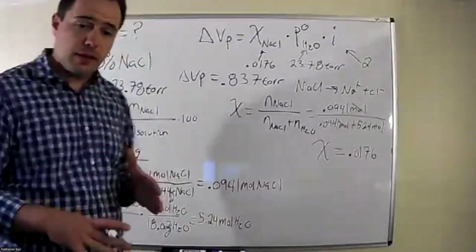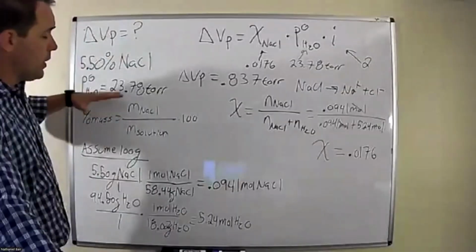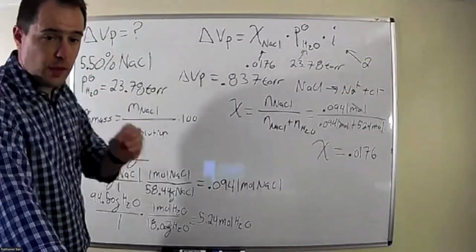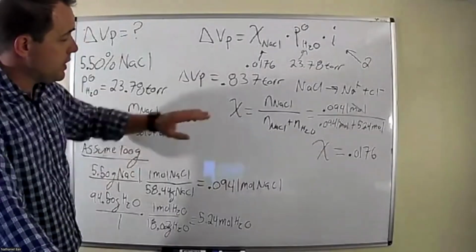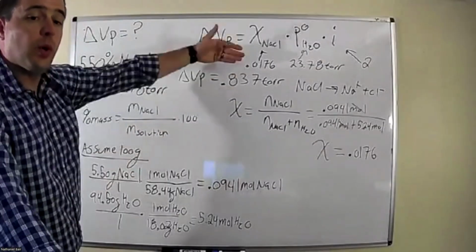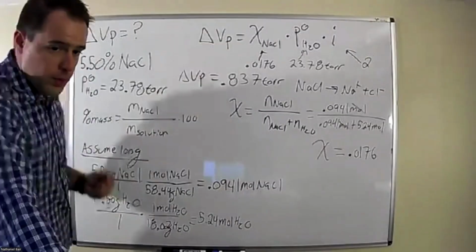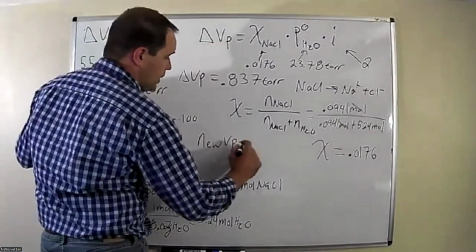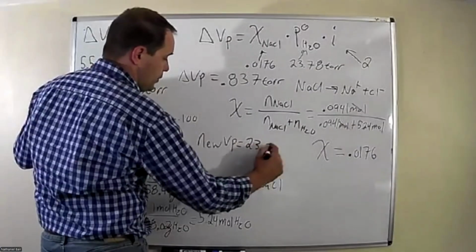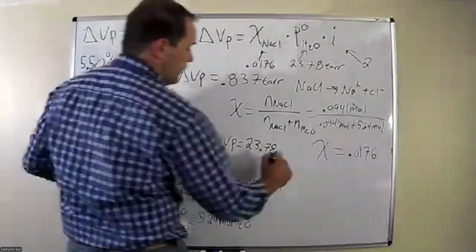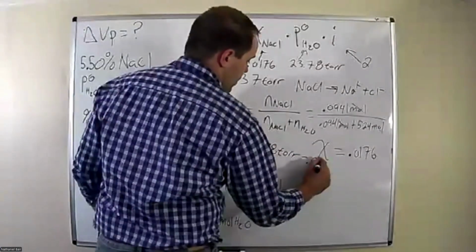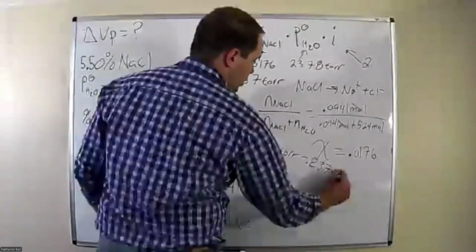So here's how we could calculate that. The normal vapor pressure is 23.78 torr. That's what the vapor pressure is normally. It's now going to be 0.837 torr lower. So the new vapor pressure is going to be the original 23.78 torr minus the change, 0.837 torr.